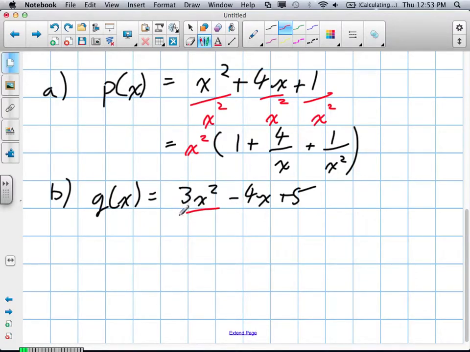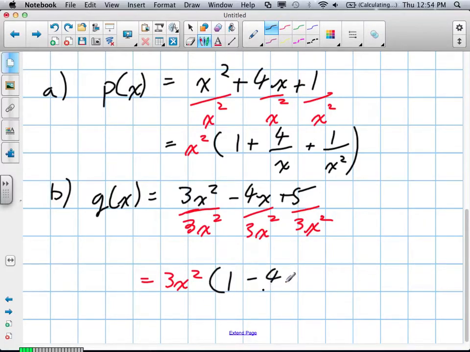Because the coefficient in front of that highest degree is the number 3, we're going to take 3x squared out of each of these. We'll get 3x squared on the outside, and inside we'll be left with 1 minus 4 over 3x plus 5 over 3x squared.